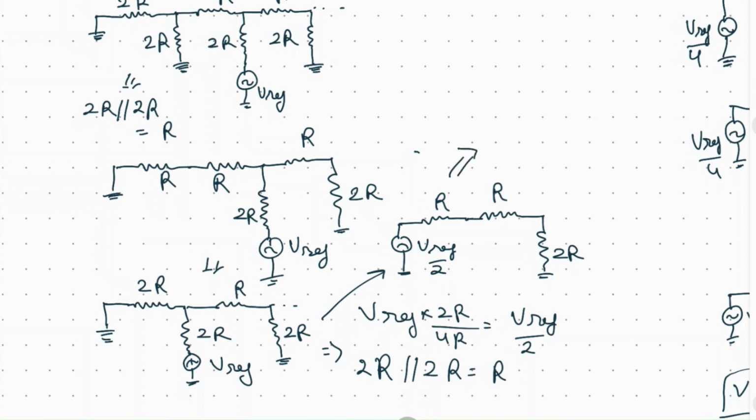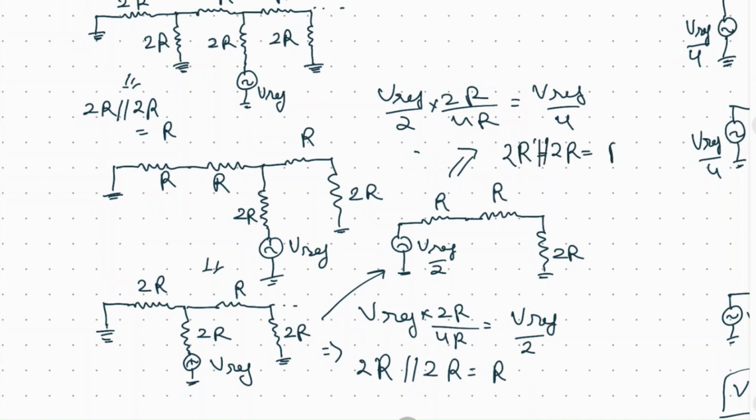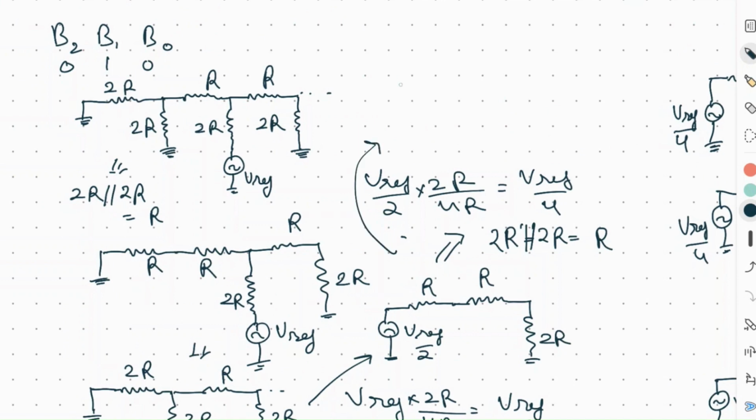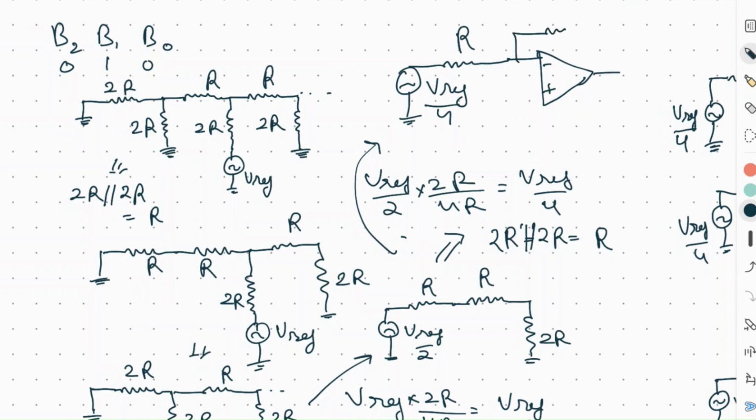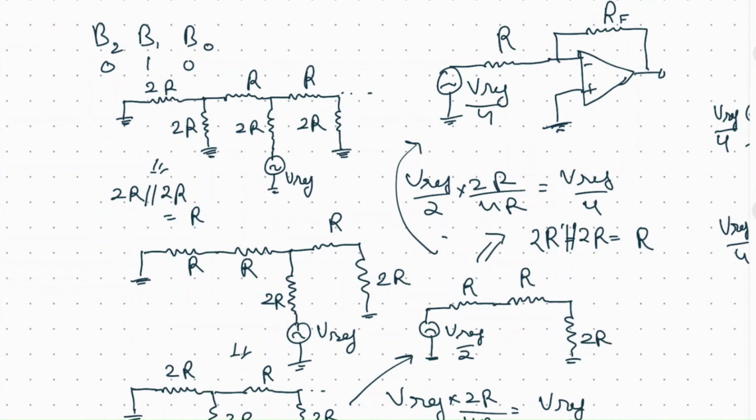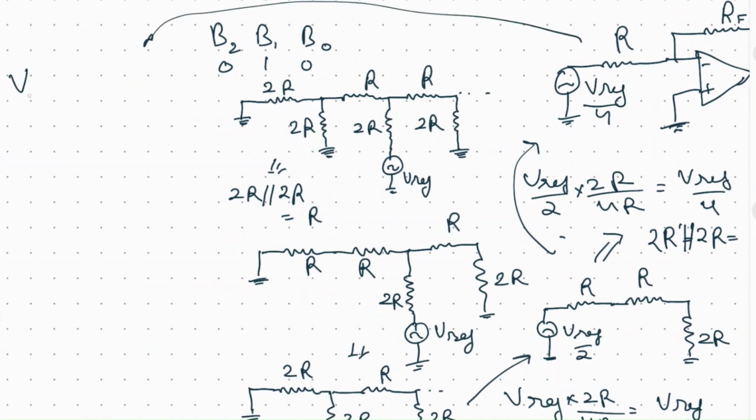If we do this again, the Thevenin voltage will be V reference by 4, and the resistance will again be 2R in parallel with 2R, which is R. In feedback we have resistance RF. So the output corresponding to code 010 will be minus RF by R, times V reference by 4.